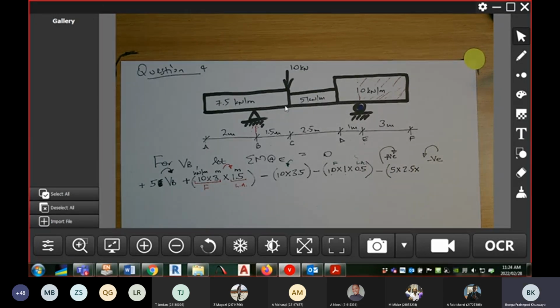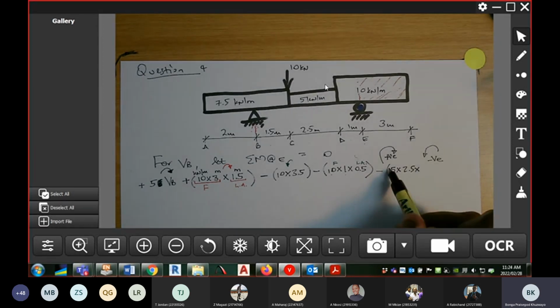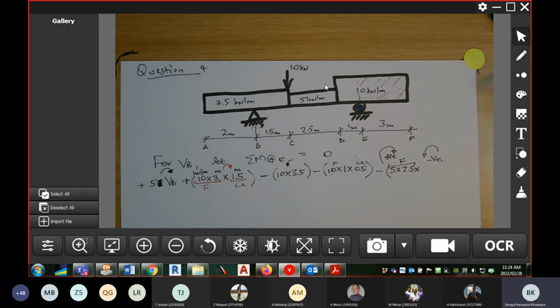And then you have a force now. So this is now a force. Right, now we need to determine the lever arm for that force. So the lever arm for the force is half of 2,5, which is 1,25, and then plus 1.